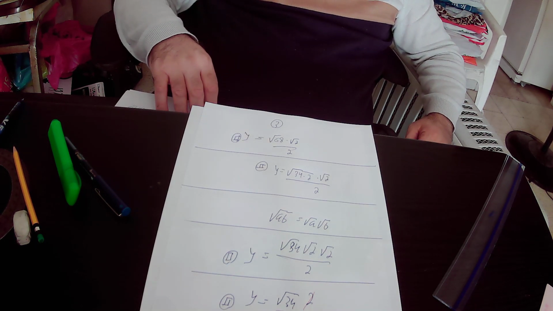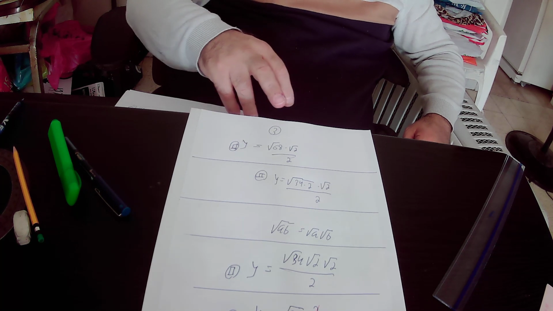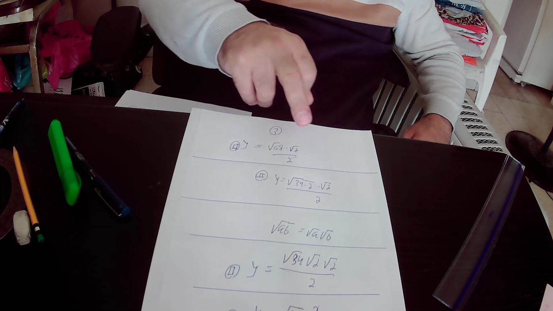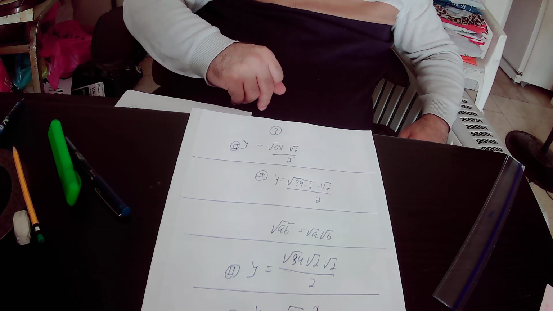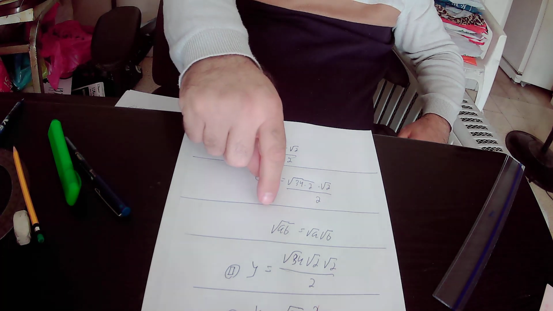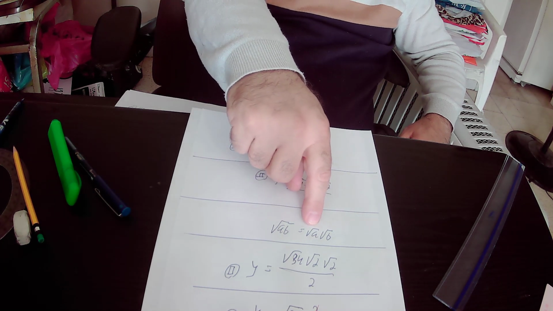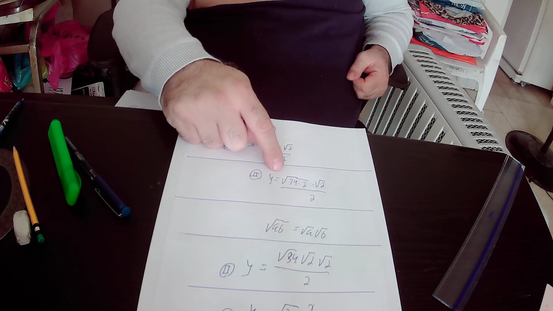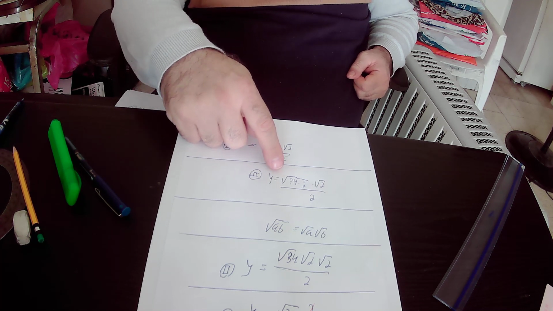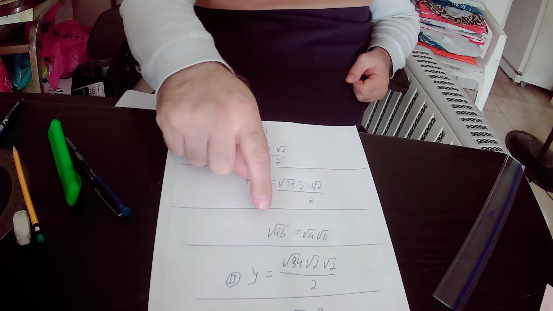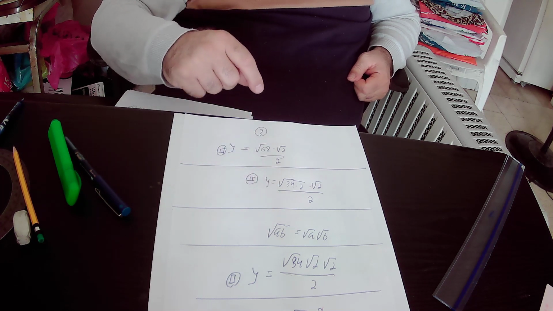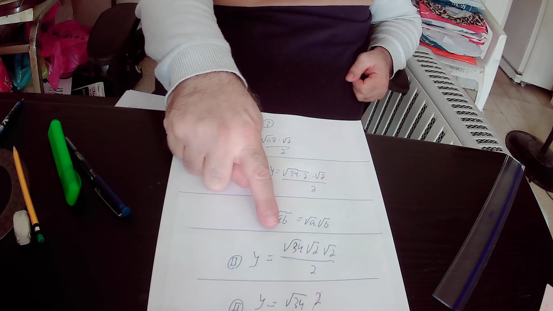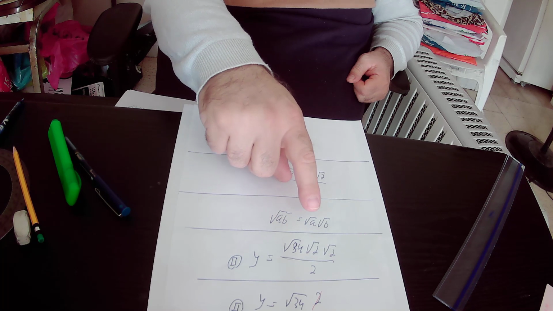We know that 68 is 34 times 2, so we substitute 68 by 34 times 2, and we also know that the square root of a times b equals the square root of a times the square root of b. Therefore, the square root of 34 times 2 equals the square root of 34 times the square root of 2. So Y equals the square root of 34 times square root of 2 times square root of 2 over 2.